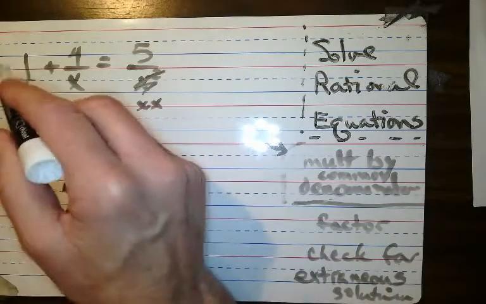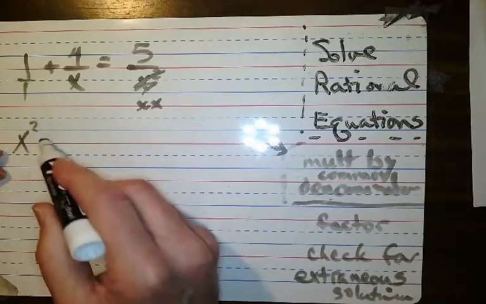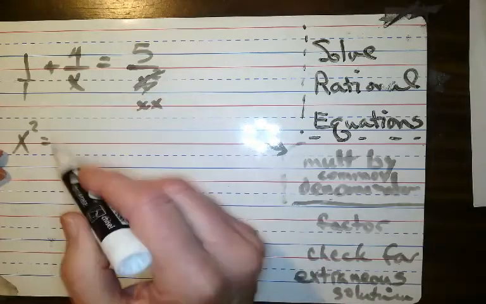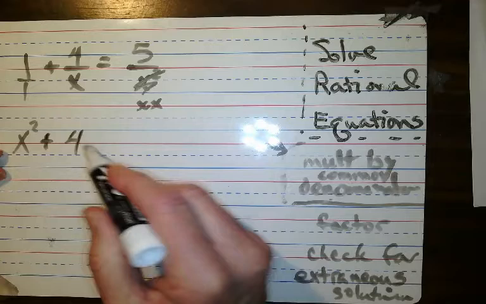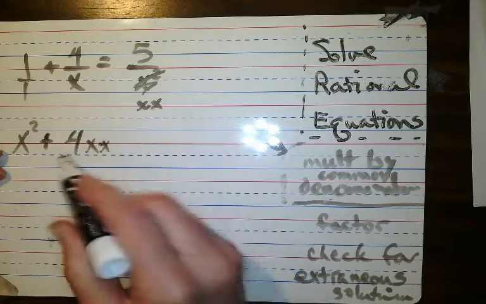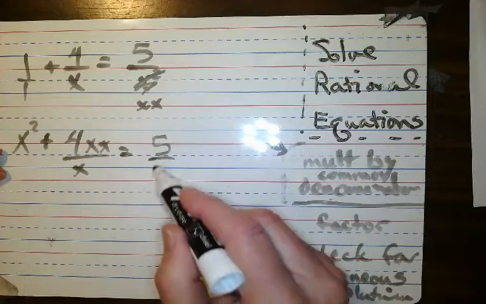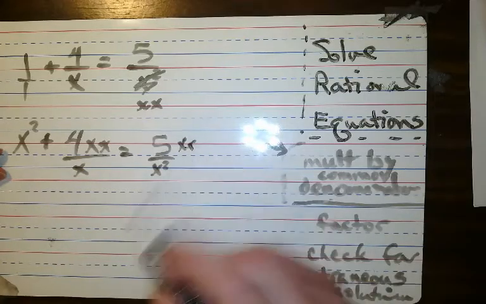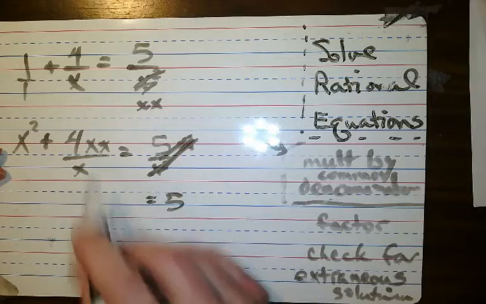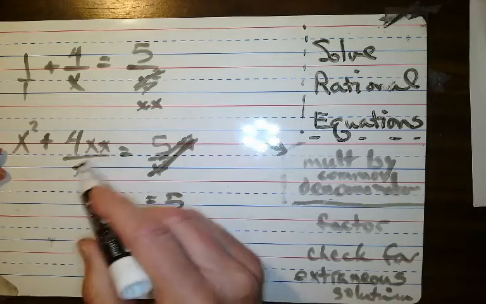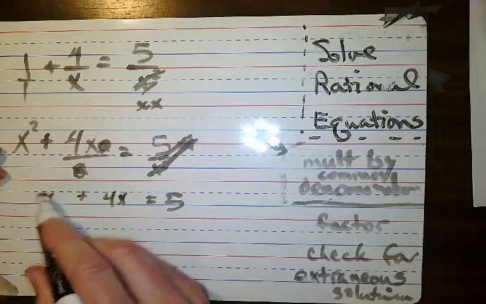If I multiply the first one times x squared, I get x squared. If I multiply the second one times x squared, I get 4 times x, which is the same as 4x. And over here, 5 divided by x squared times x squared, those cancel out, so 5 equals 4x plus x squared.